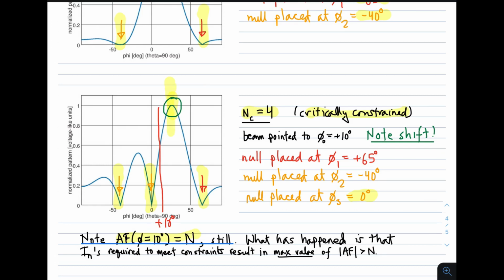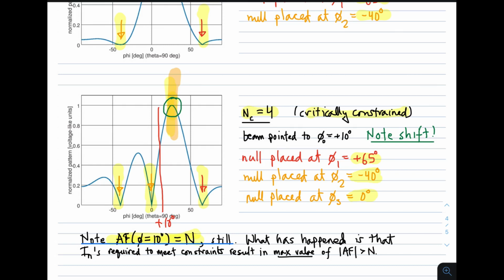Now this isn't wrong, it's completely consistent with the input to this problem. In other words, we still have nulls at these 3 locations, and the array factor is still equal to n at plus 10 degrees. It's just that now we've gotten a solution where the array factor can be greater than n. And so we see that as an apparent shift in the beam. Because this mathematical technique doesn't really know about beams, it only knows about the discrete constraints that you've posed.